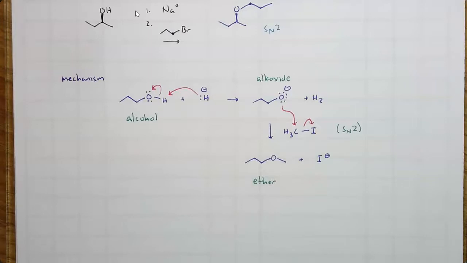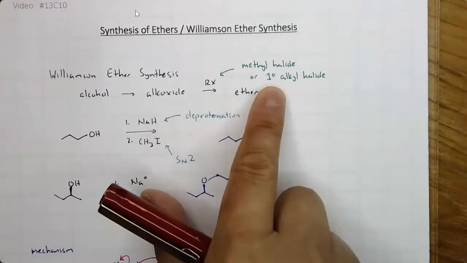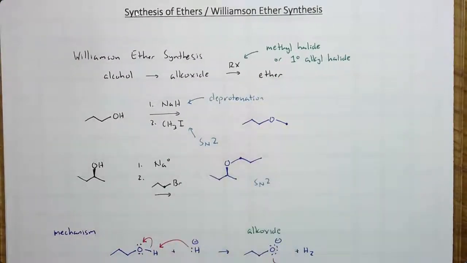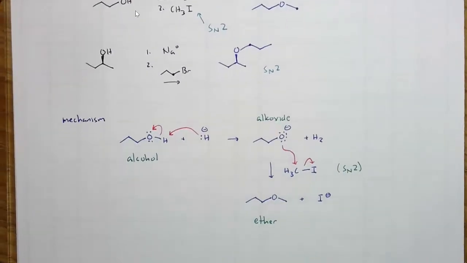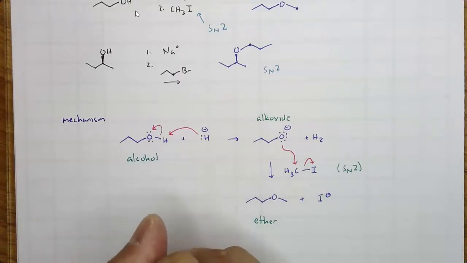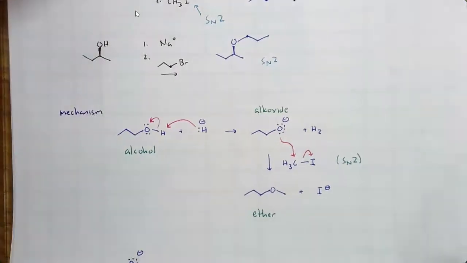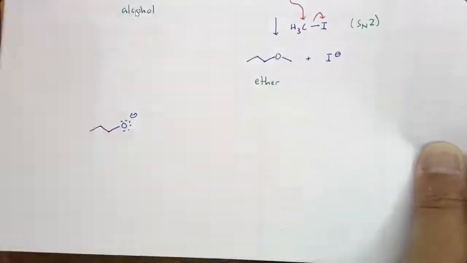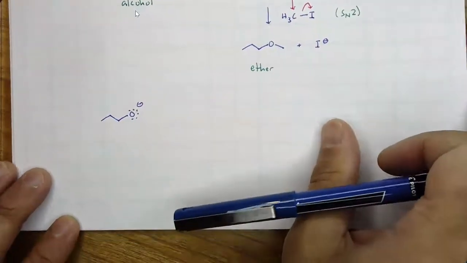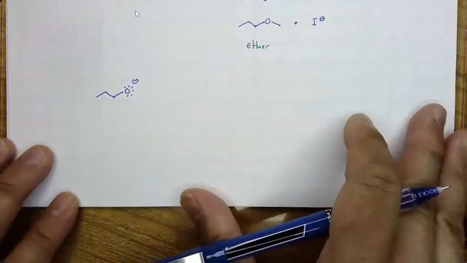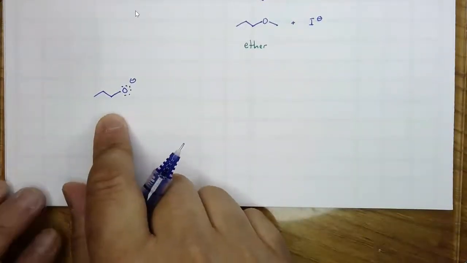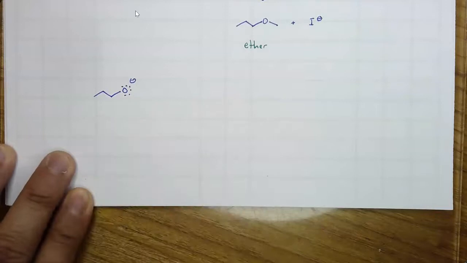Okay. Now, what is this limitation all about? Well, like I said, when you learn about substitution and elimination and the factors that go into deciding what this will be, either a nucleophile or a base, it depends on the alkyl halide.